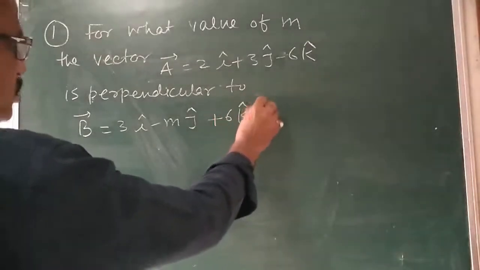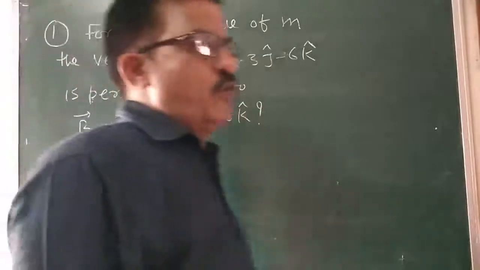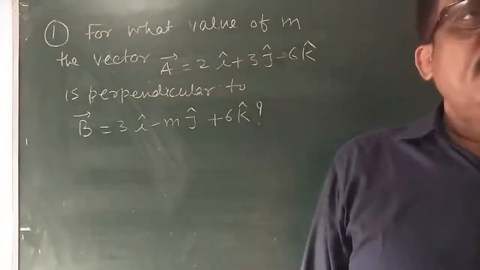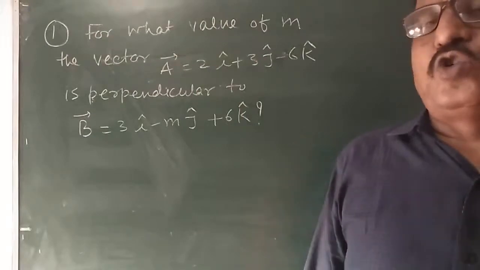So this is our question here. For what value of m are these two vectors perpendicular? My dear children, how to solve it?